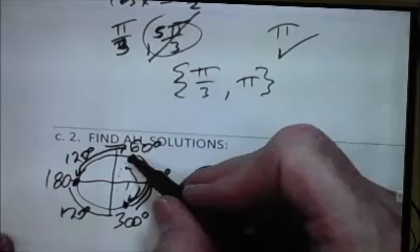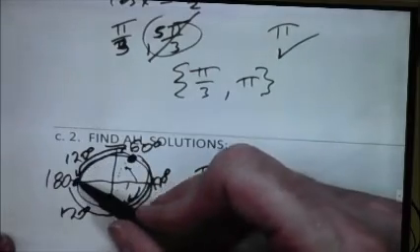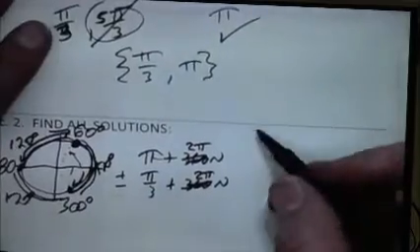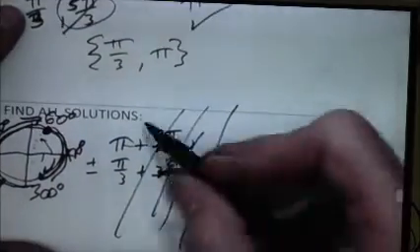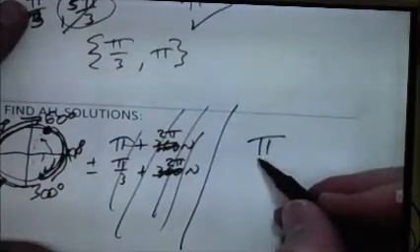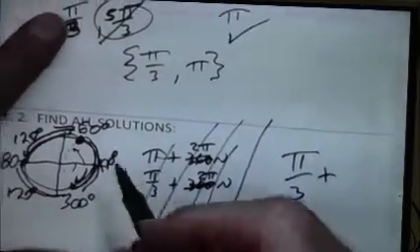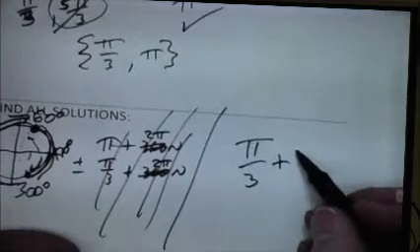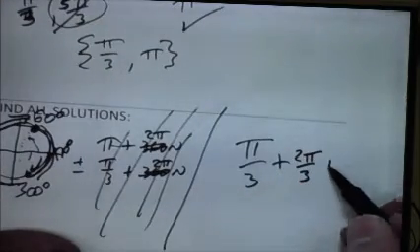What you actually have, if you start here, is you go 120 degrees, go another 120, go another 120. In other words, I'm not going to write it like that at all. I'm going to write pi over 3 plus 120 is 2 pi over 3, so I'm going to say plus 2 pi over 3n.